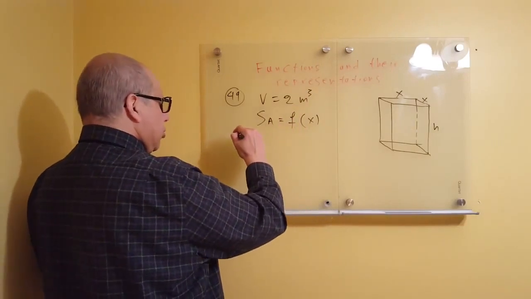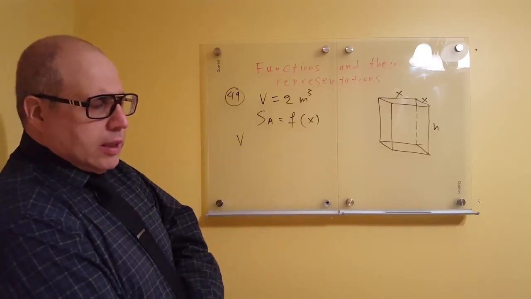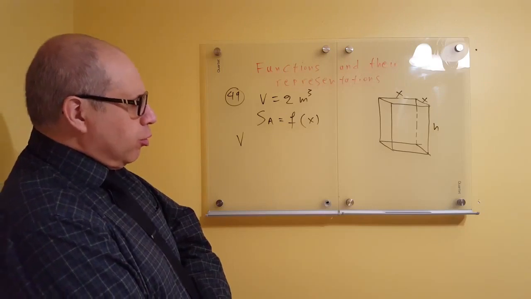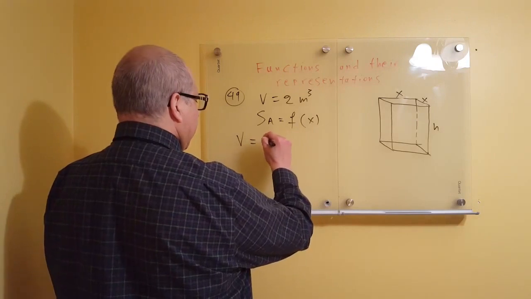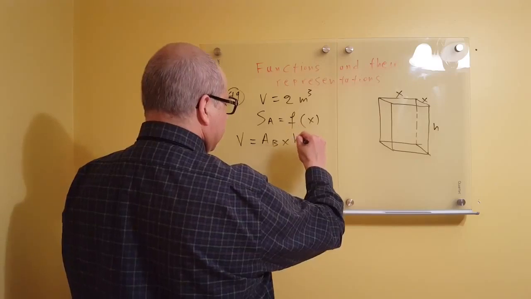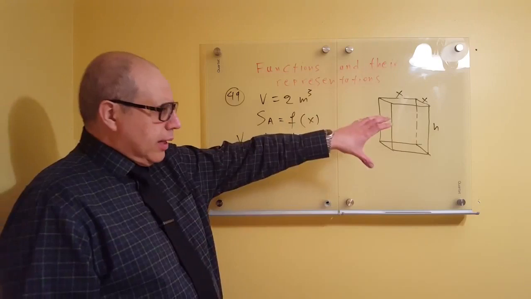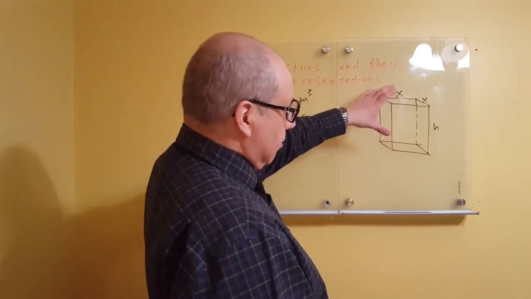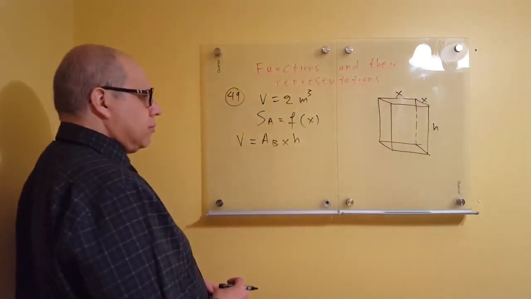So we start from what is given. What is given is the volume. The volume of a rectangular box is given by the area of the base times its height. Of course you can use any side as the base.